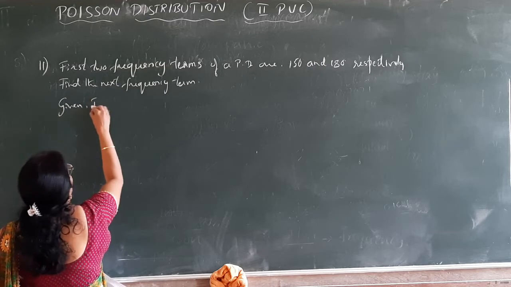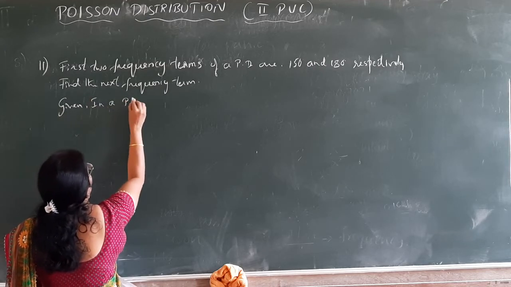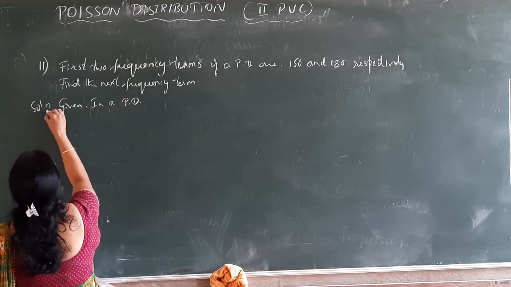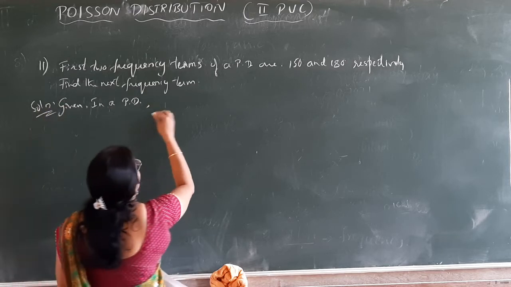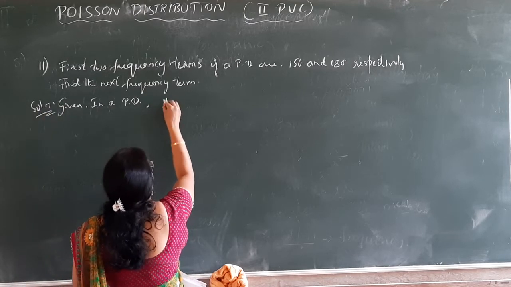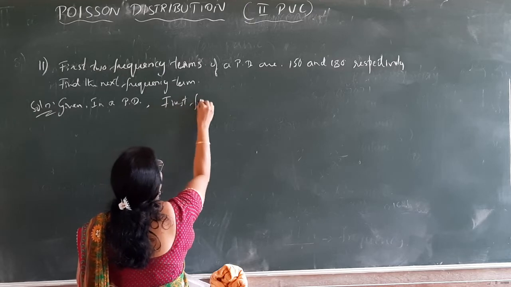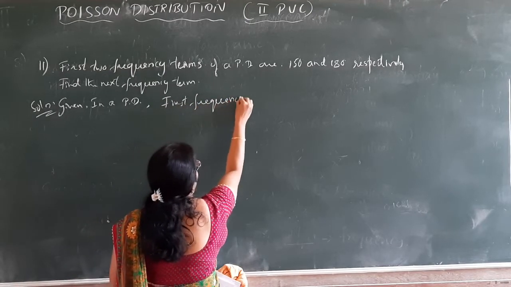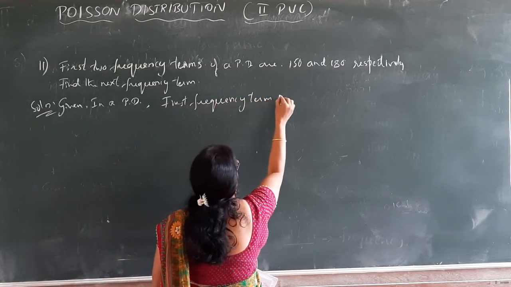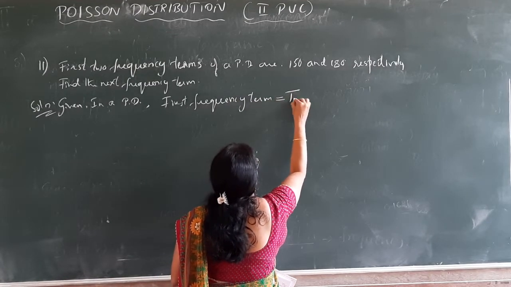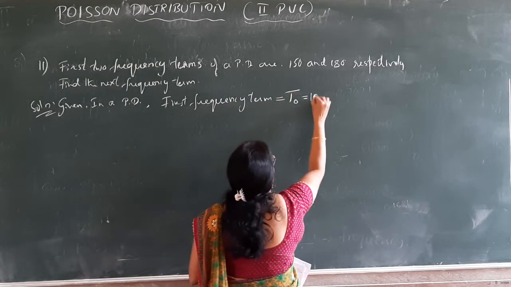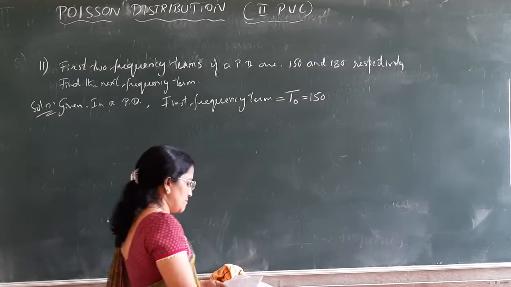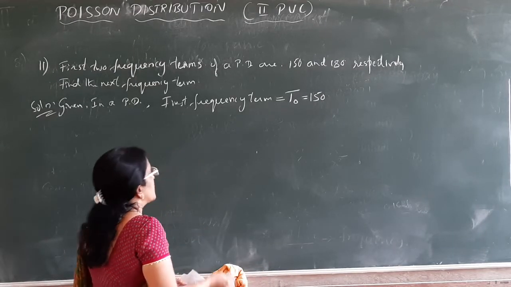So here, given in a Poisson distribution, the first two frequency terms are, that is a first frequency term, T0 is equal to 150.